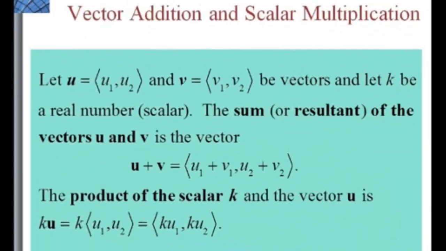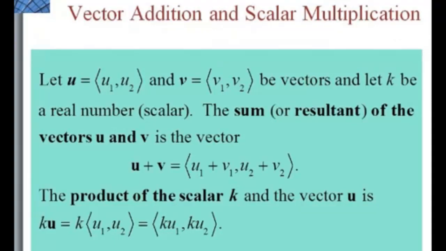The algebra of vectors sometimes involves working with vectors and numbers at the same time. In this context, we call the numbers scalars. The two most basic algebraic operations involving vectors are vector addition, which is a vector plus a vector, and scalar multiplication, when we're multiplying a vector by a number.